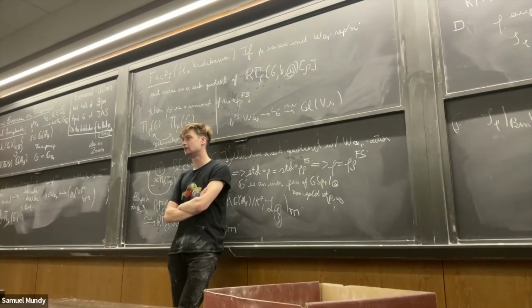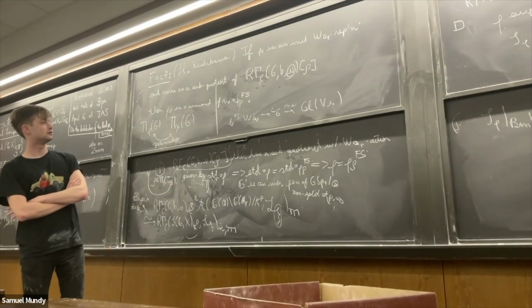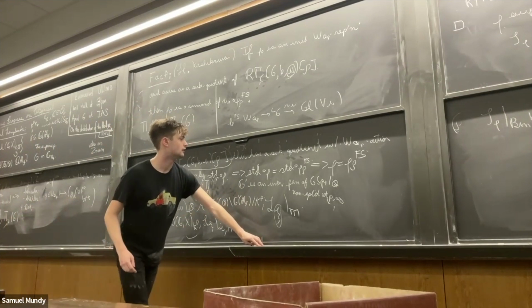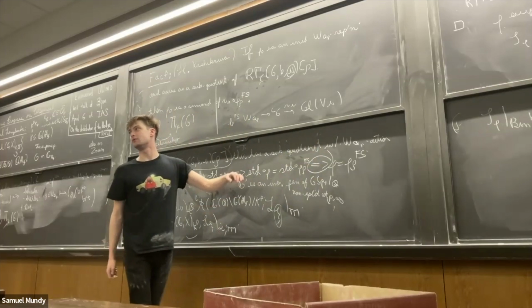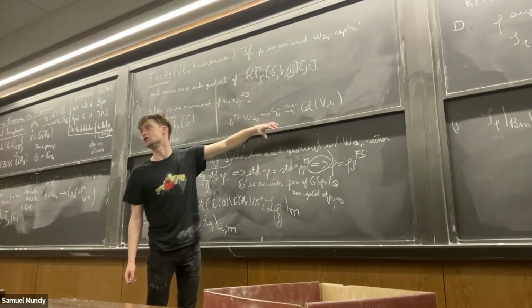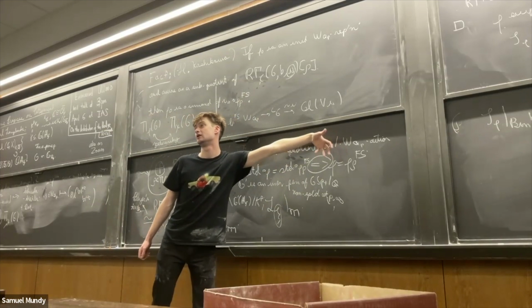You said it was crucial in your argument that the representation is the standard one. Where do you use that? It's in this implication right here. The point is that knowing the parameter composed with the standard representation and its similitude character determines the original parameter.